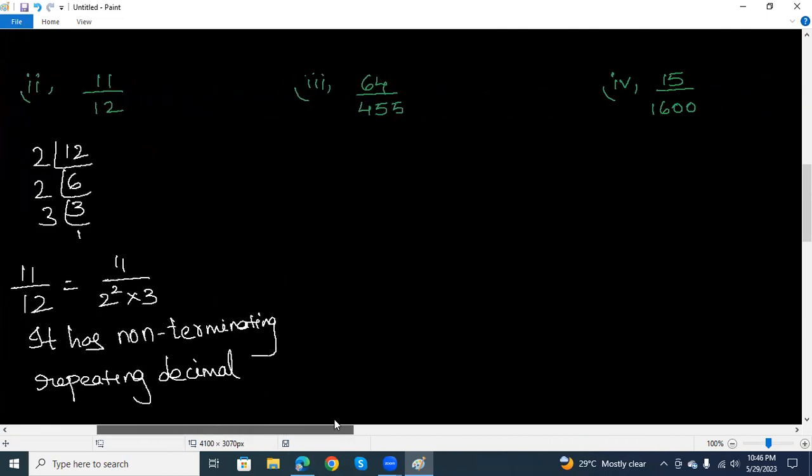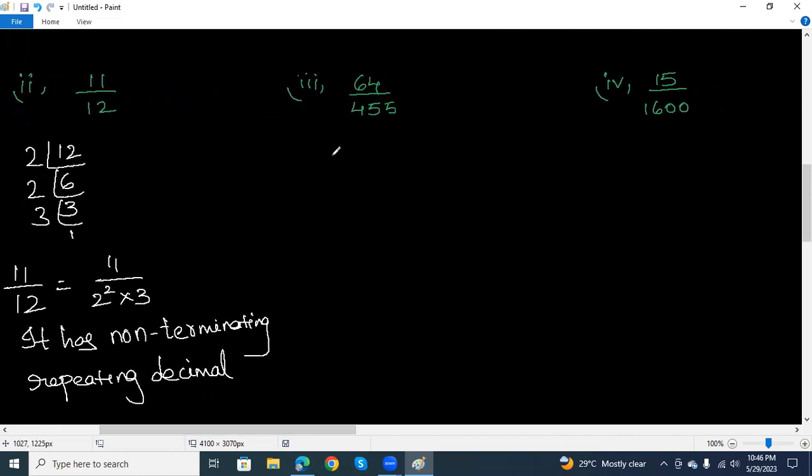Let's see another question. 64 by 455. Let's divide this by 5. 5 nines are 45, right? 5 ones are 5. And this 91 can be divided using the 13 table. Prime number 13: 13 sevens are 91 and 7 ones are 7.